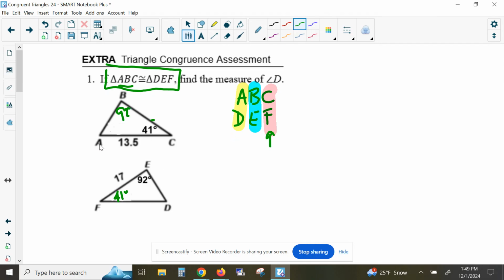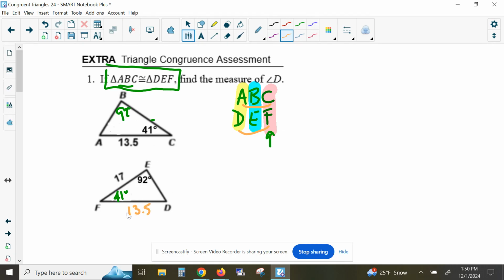I also know from A to C, that's this piece to this piece, has to be the same as D to F. So from A to C is 13.5, so D to F right here is also 13.5.